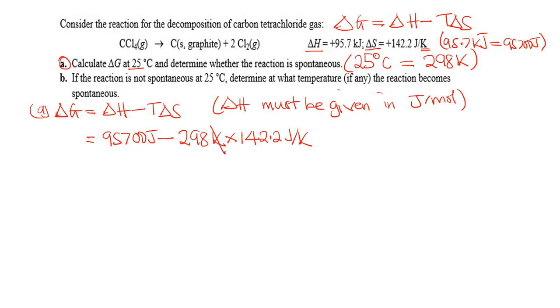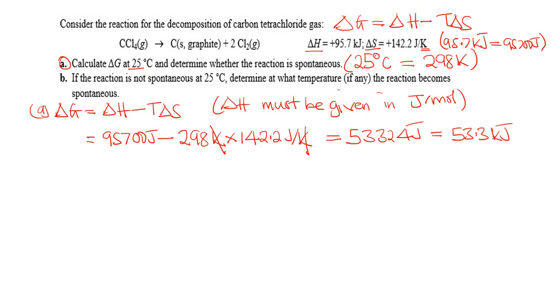We'll see that the Kelvin cancels, and we are just going to have joules in both cases. When you add the two, you get 53,324 joules. Most of the time you want to report your delta G in terms of kilojoules. So the delta G of this reaction is 53.3 kilojoules.